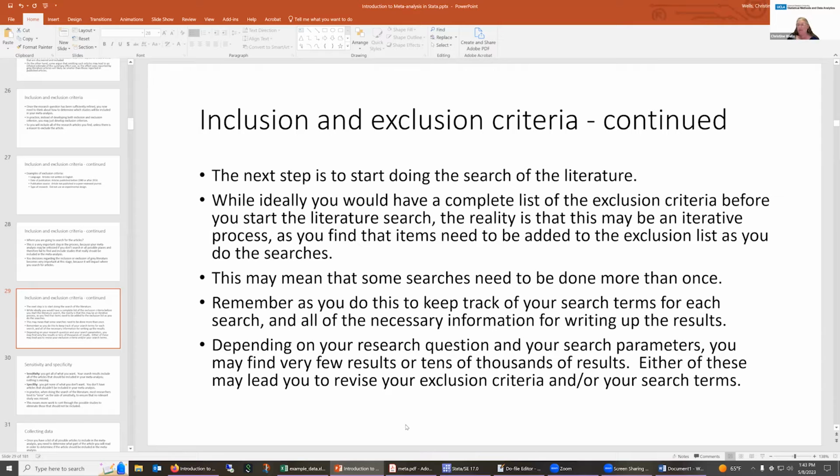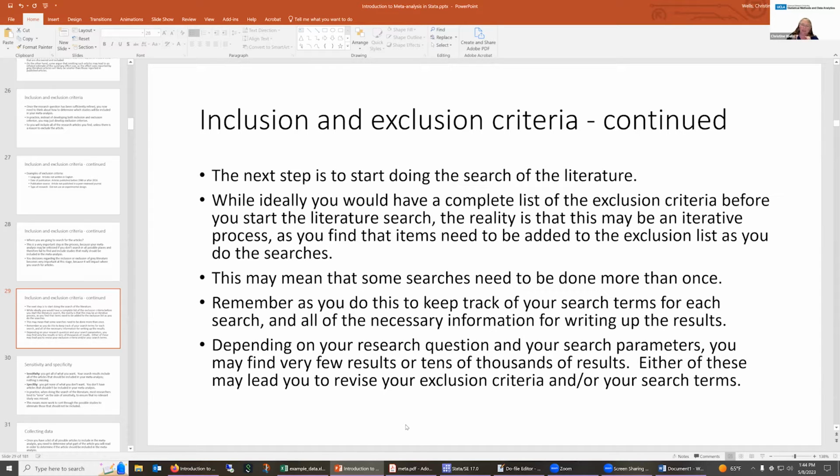Mostly because researchers are really creative people and they have ideas and do great research, doing things that you never thought about, right? That's why part of this is so fun. So you had no idea that stuff was out there. And since you didn't know it was out there, you didn't know to put it as an inclusion or exclusion criteria. So this could be a bit of an iterative process.